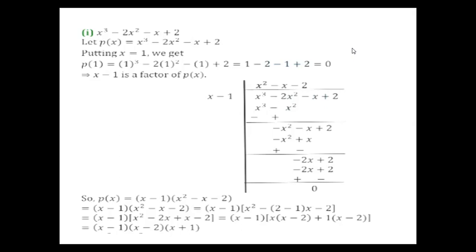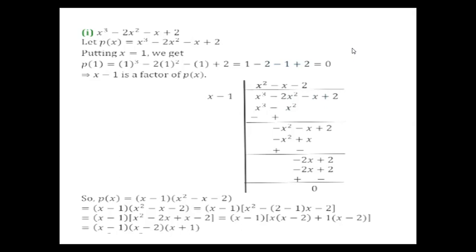Now, coming to the last step of factorization, all that we have to do is you have to middle term split the quotient that you have got. What is the quotient? X squared minus x minus 2. So when you middle term split it, what do you get? You get the factors as x minus 2 and x plus 1.